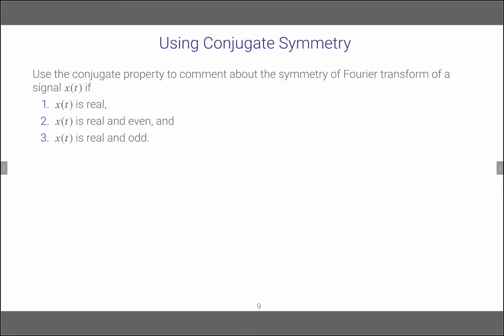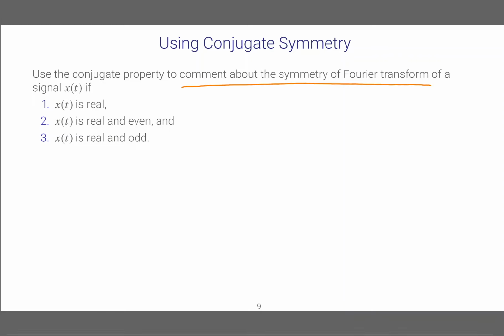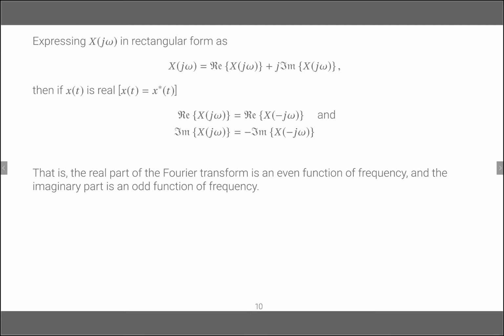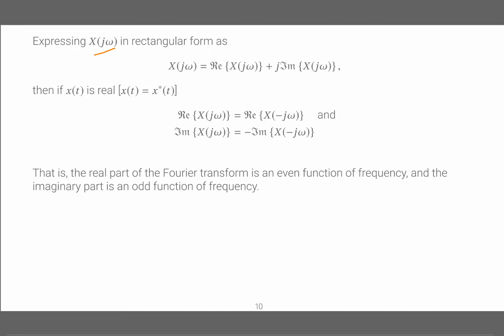Okay, using conjugate symmetry, comment about the symmetry of the Fourier transform of a signal x t if x t is real and even, and if x t is real and odd. Now let's express x j omega in rectangular form as the real part and the imaginary part of that.